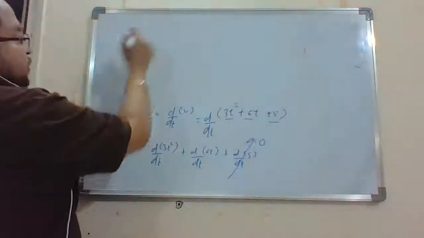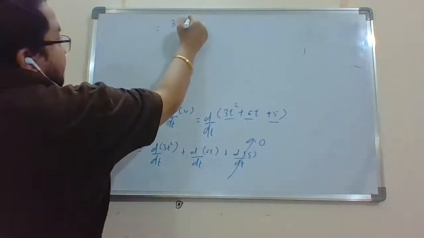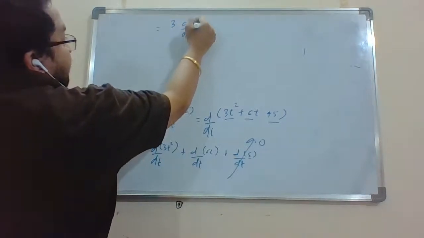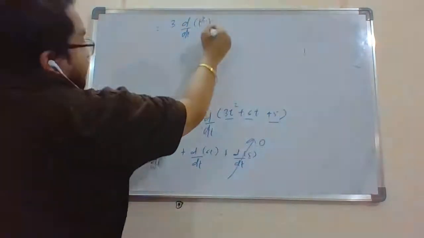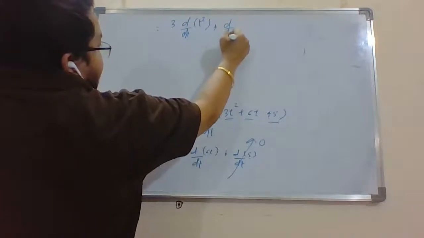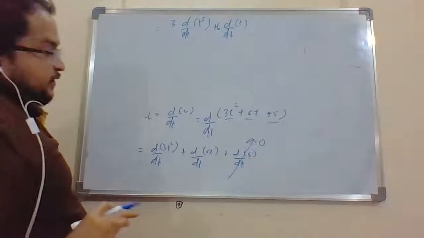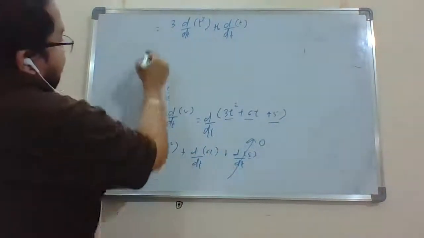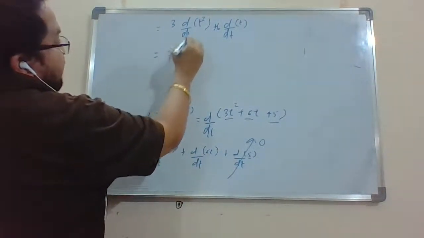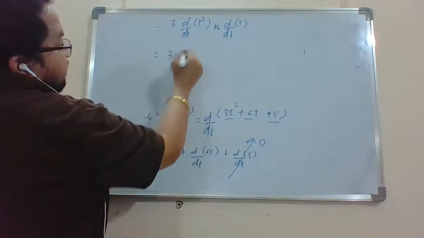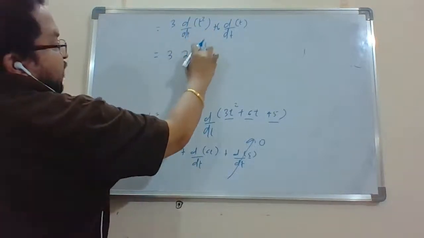So that will be nothing but 3 d by dt of t squared plus 6 d by dt of t. That's it, right? Because this is only 0. Which is nothing but 3 into 2t, t to the power 2 minus 1, that is 1.